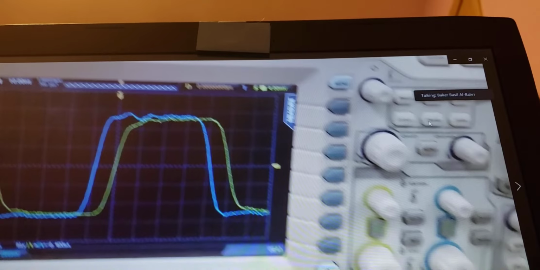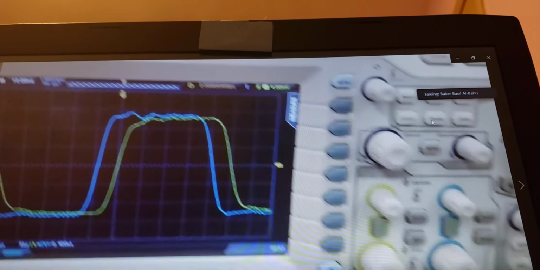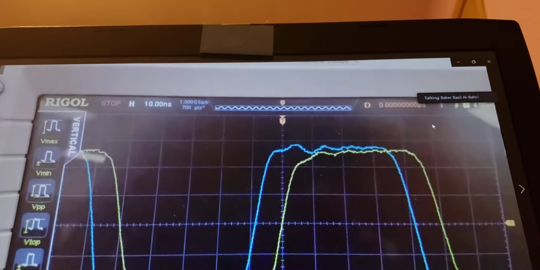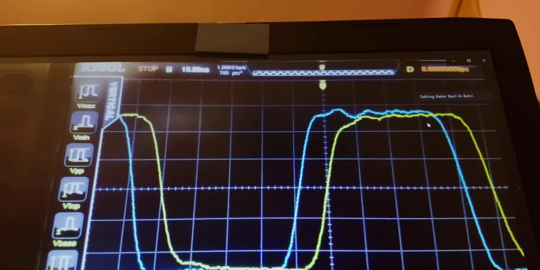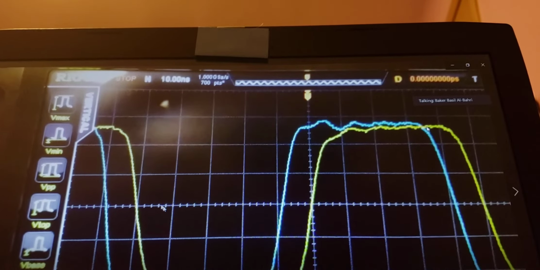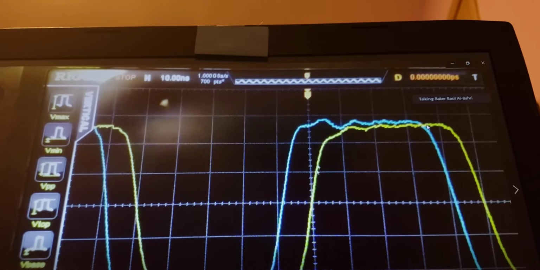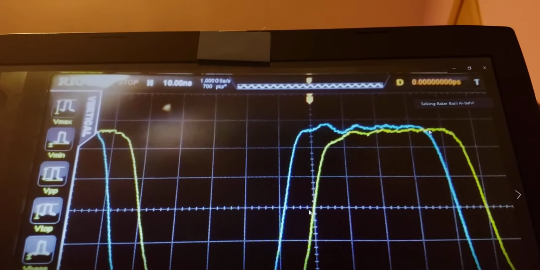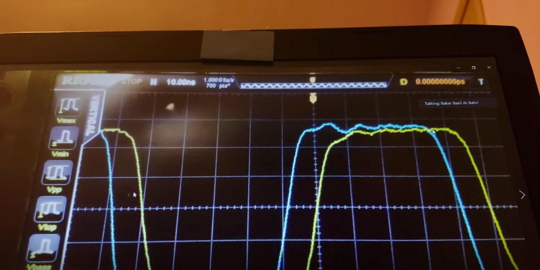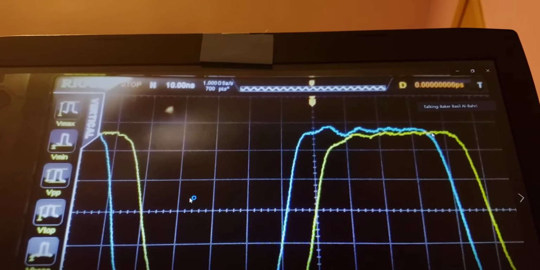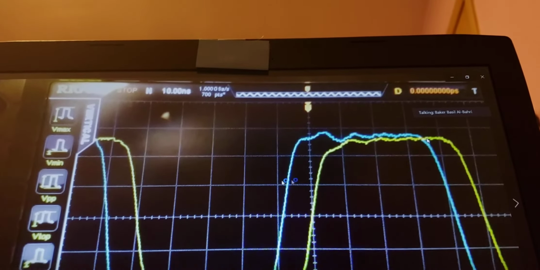So now, as I said, we have the problem of delay, or propagation time. Here are the two signals: the blue one, channel 2, and the yellow one, channel 1. They should be aligned, but there is a delay between them, like here.